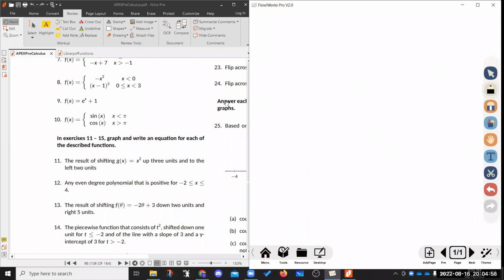Okay, result of shifting f of theta equals -2 theta plus 3 when I shift it down 2 and right 5. So when we shift it right 5, this is -2 times (theta minus 5). And then we're going to shift it down 2, so this is going to be minus 2 then.